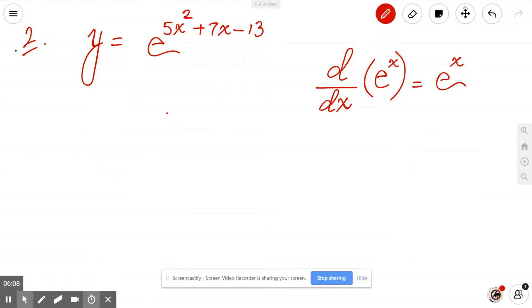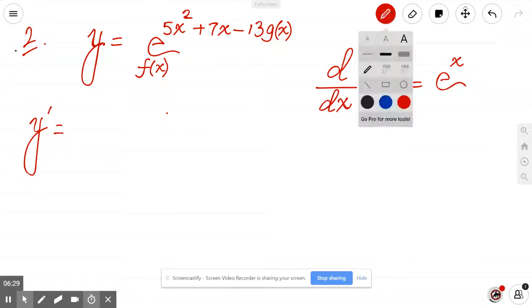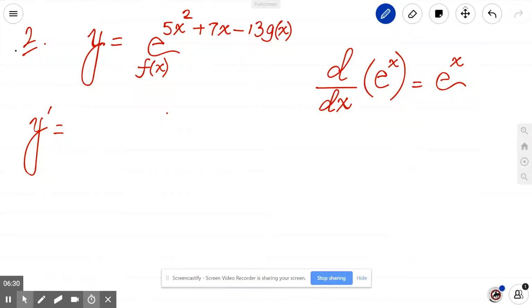So this is one function whose integral and derivative is the same as the function itself. So not a lot to remember here. So basically, you'll again have your f of x function, I would say, is this one, and your g of x is going to be this function. So let us write down y prime using chain rule. And our answer is going to be the derivative of my f of x here.